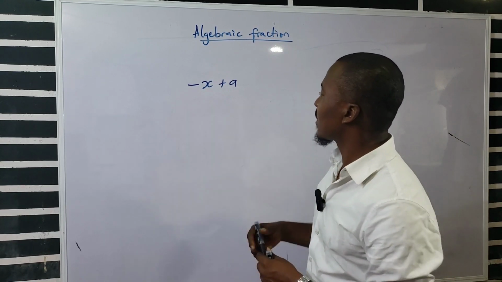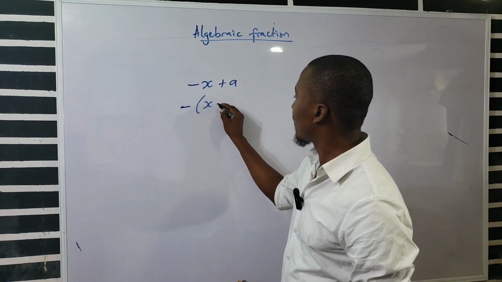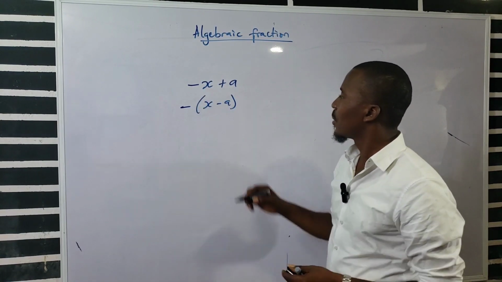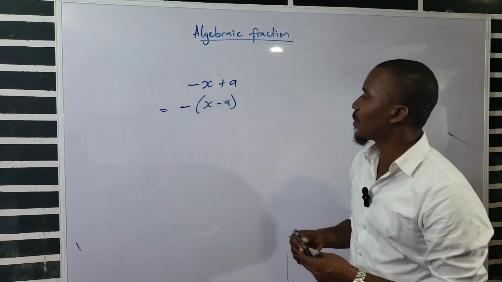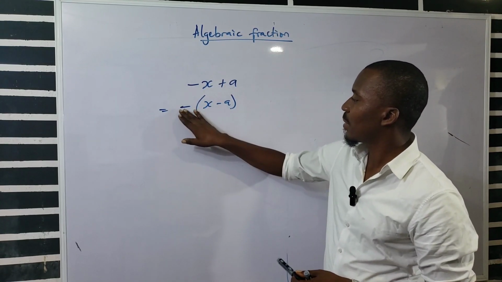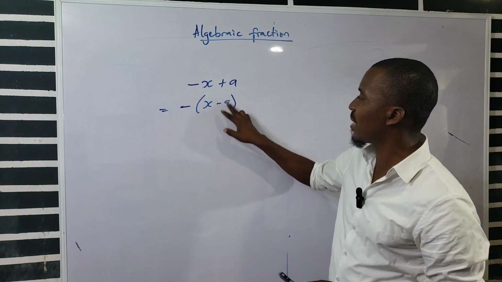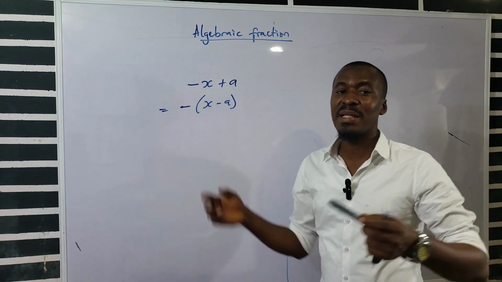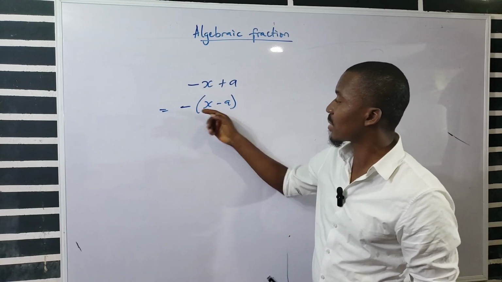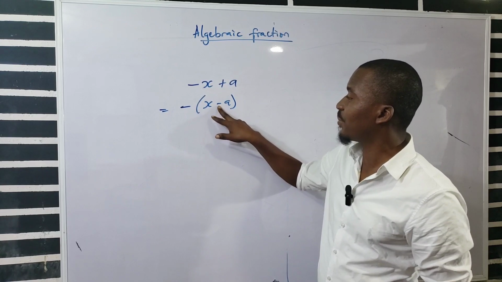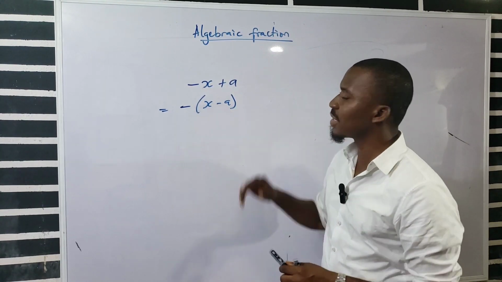So when you factor out minus outside the bracket, you're going to have minus (x minus a). We should know that these two things are the same, because when you open this bracket, minus times x will give you minus x, minus times minus a will give you plus a. The way I normally say it is that when you bring out minus, the sign inside the bracket will change.